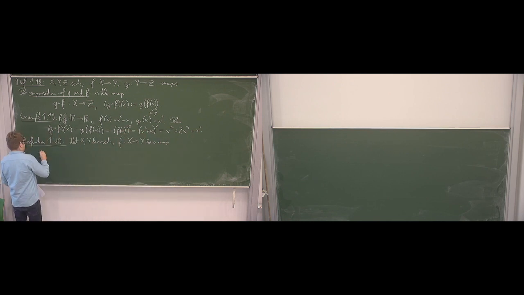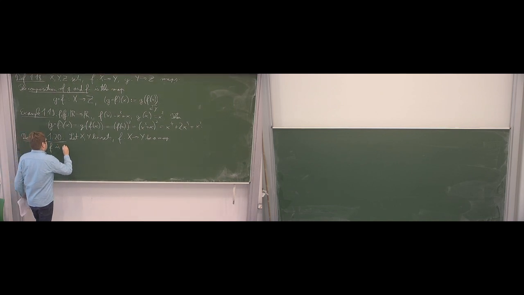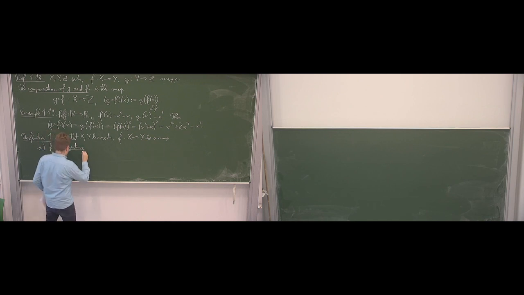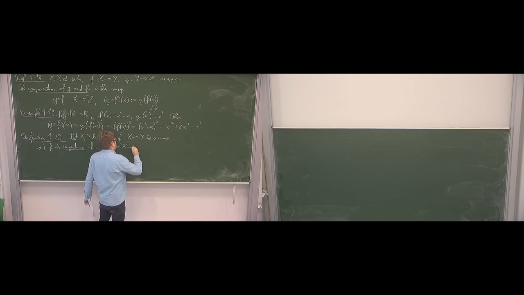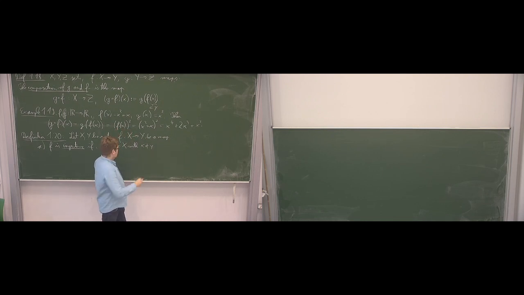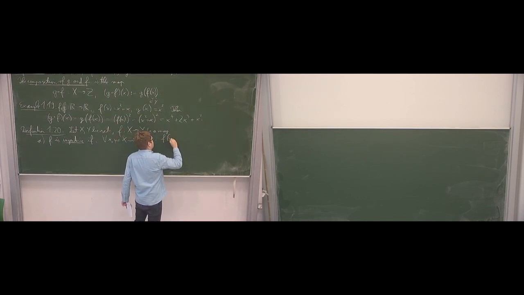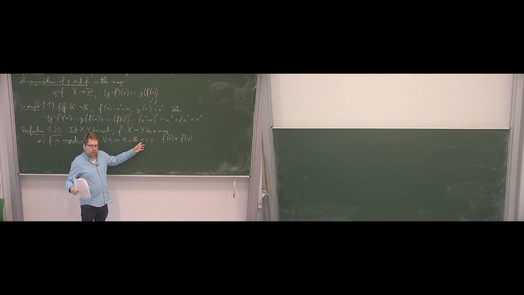The first part: f is called injective if the following holds. Whenever we have two points x and y in X which do not coincide, then the images under f are also not equal. So no two different points are mapped to the same point by f. After applying f, we can still distinguish the points. That's the idea here.